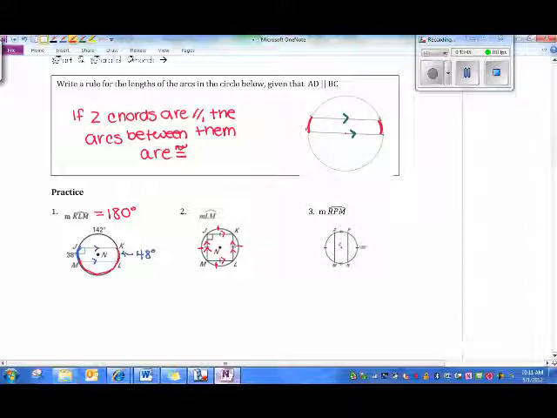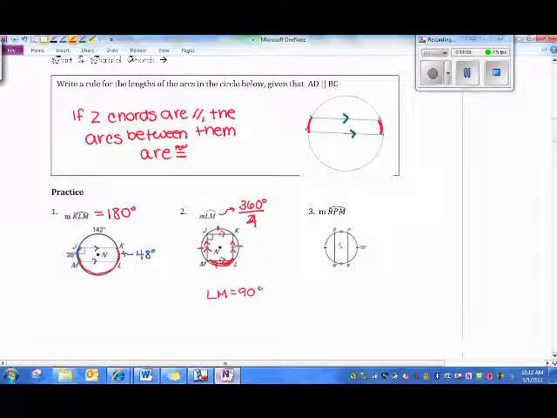So to find the measure of arc LM, which is the one down here, I know I have 360 degrees total in my circle, and I can divide it by 4, sorry, not 2. And so I know arc LM is equal to 90 degrees.